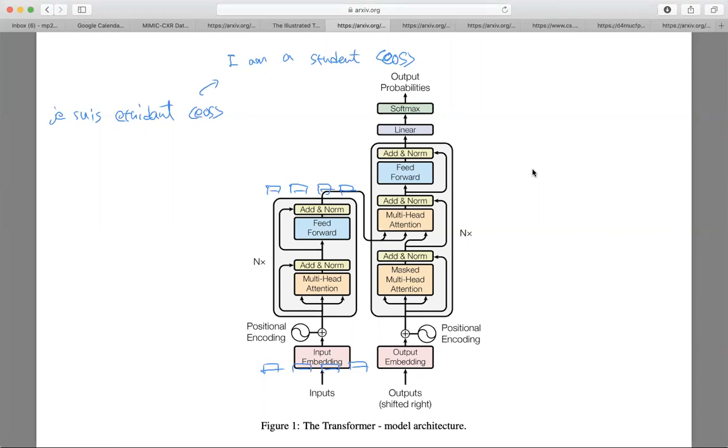So it's an autoregressive process, a recurrent process, an iterative process. If you have 4 words in your French sentence, then you need 4 operations to encode the French sentence when you're using an RNN.